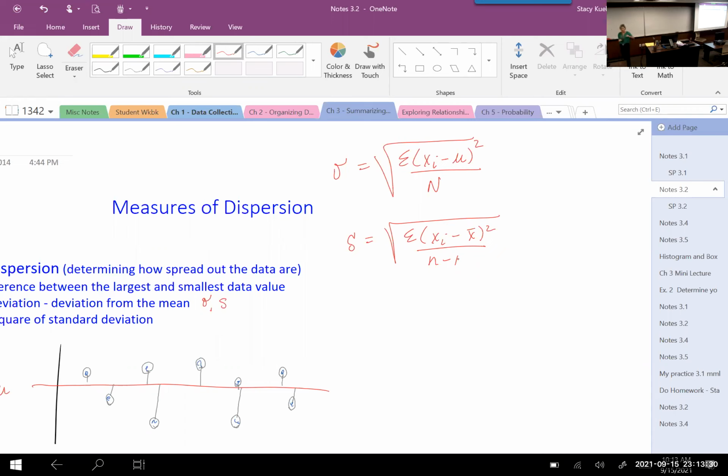What was the measure that we used for the center that is resistant, that is not influenced by outside numbers? The median, right? And why is that?